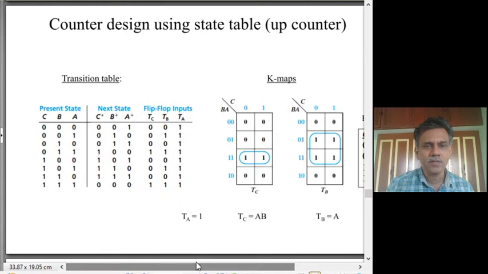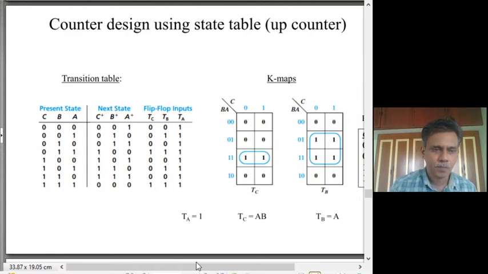So in this case, we will take the familiar 3-bit synchronous up counter and design it using this principle with the help of the excitation table. So we have 3 bits which are denoted as A, B and C. A being the least significant bit, C being the most significant bit.